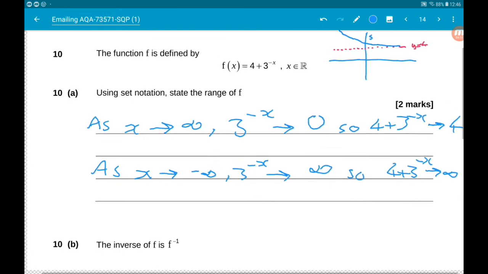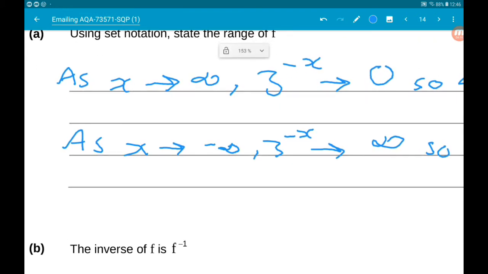So all of this is bonus information. What we do now know is that the range is anything greater than 4.